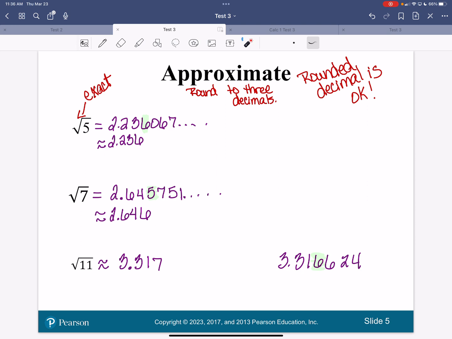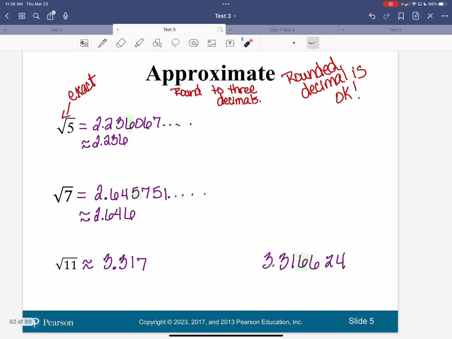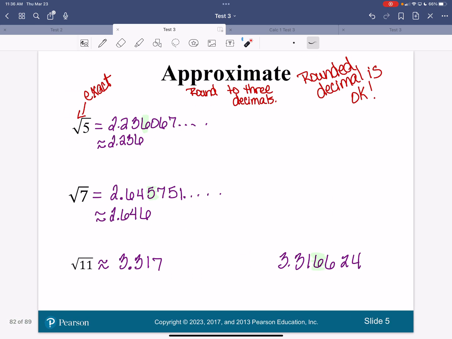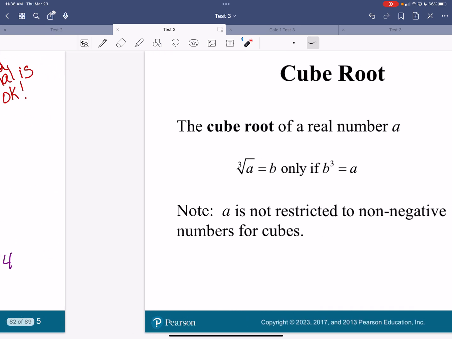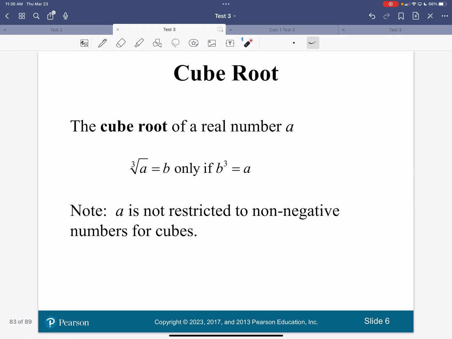Now I want us to look at cube roots. Cube roots, you've got a 3 right here. So you're looking for the number multiplied by itself 3 times to give us the number inside the cube root. Now, cube roots go up super fast, right?